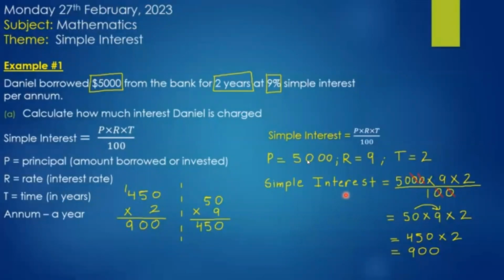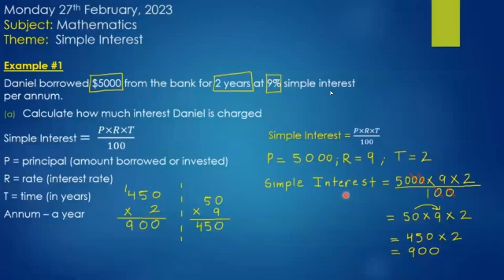The principal in this question is 5,000, the rate is 9, and the time is 2 years. So it's 5,000 times 9 times 2 over 100. We cancel out the zeros, which gives us 50 times 9 times 2.